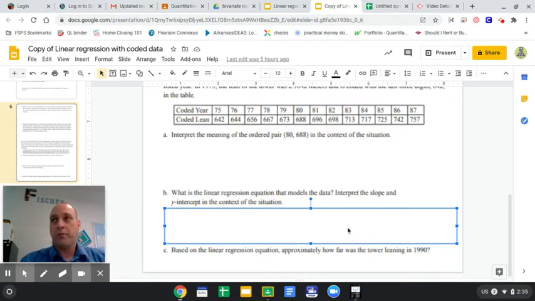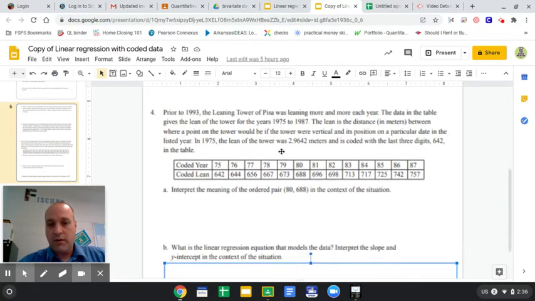So the slope means that for every year of increase, the lean of the tower increases at an average of, now, when you put this data in the calculator, you get something like 9 point something, okay? Now that 9 point something is really, let's see how to explain it. So if you look right here, it would be 9 point something. That would be this number right here.